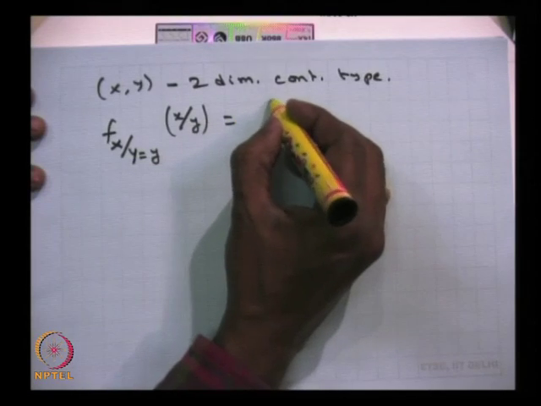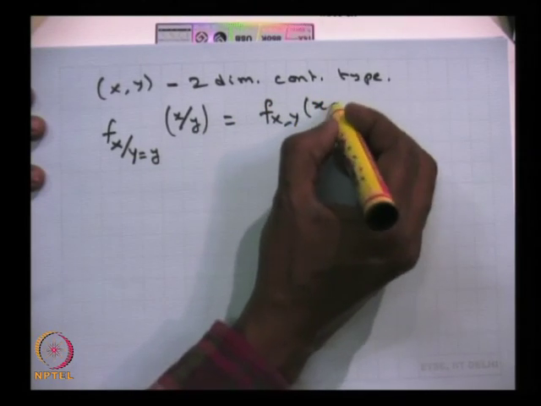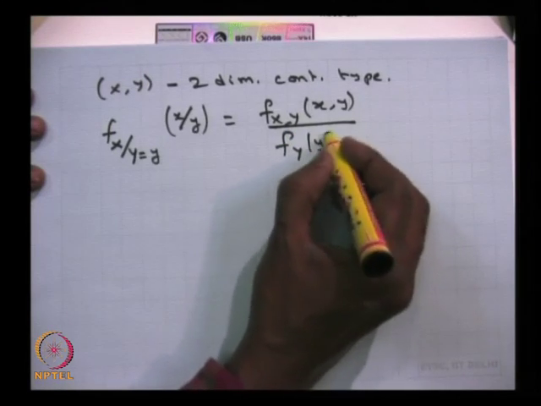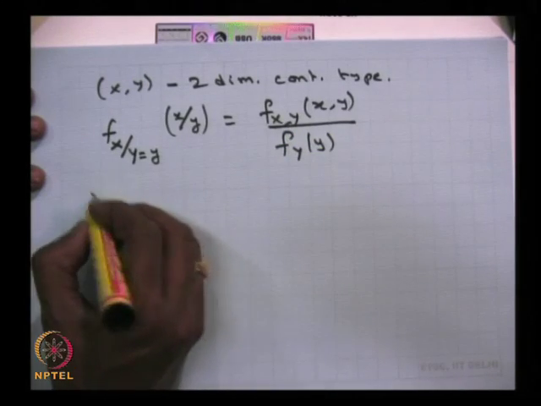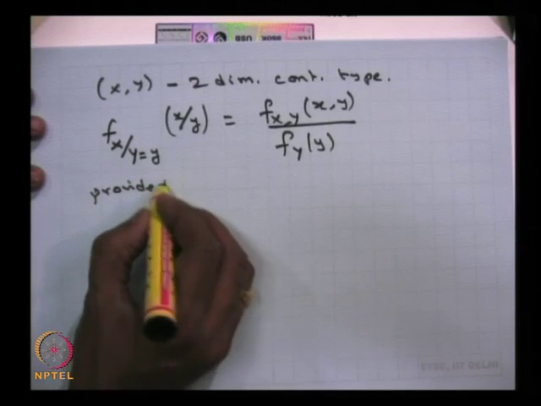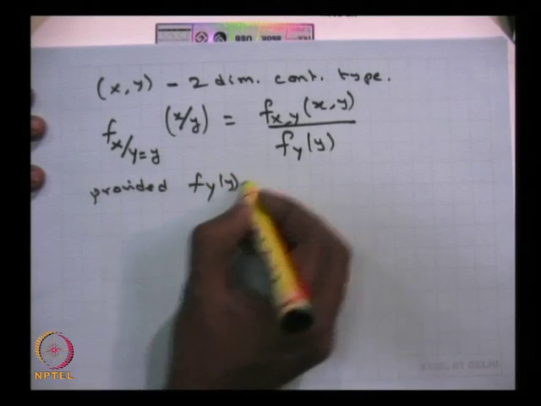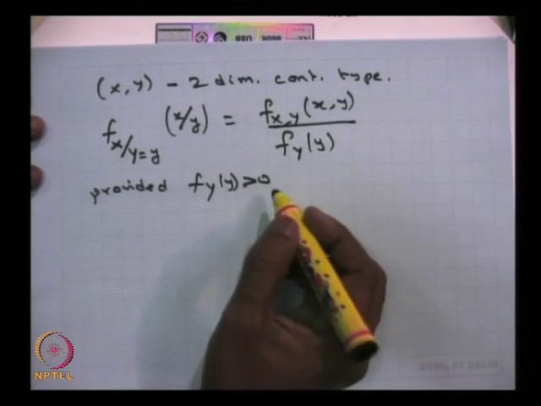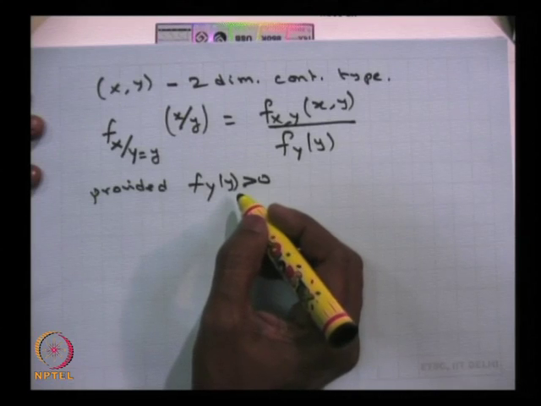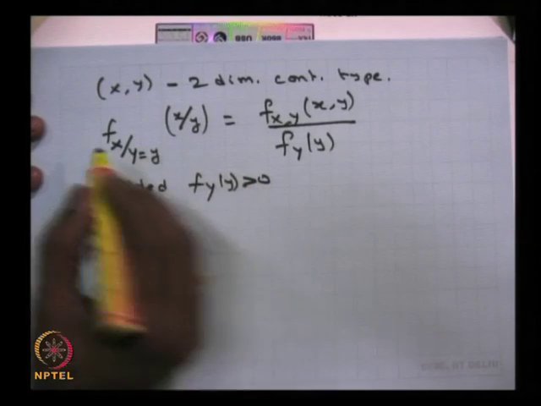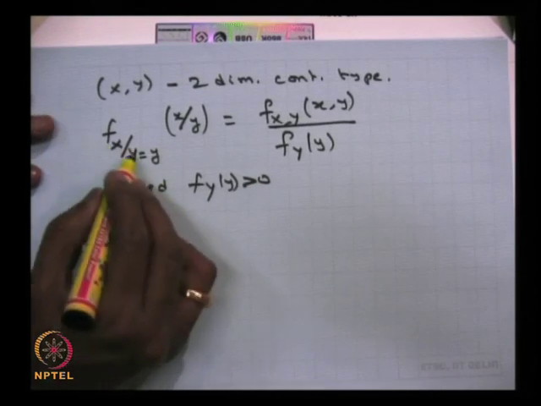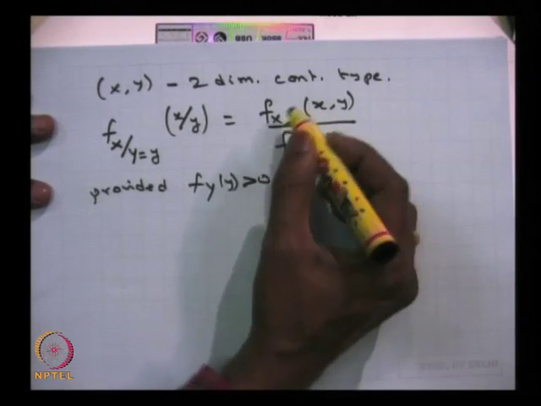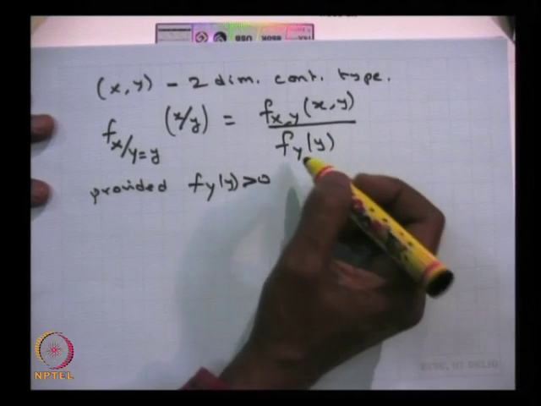This is nothing but the joint probability density function of x with y, divided by the marginal density of y, and here also the provided condition is f of y is strictly greater than 0. That means wherever the density is greater than 0, in that situation you can find the distribution of the random variable x given that y takes the value small y. That is the ratio of the joint density to the marginal density.